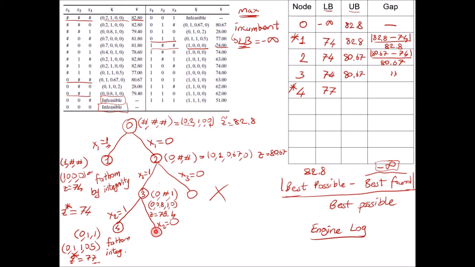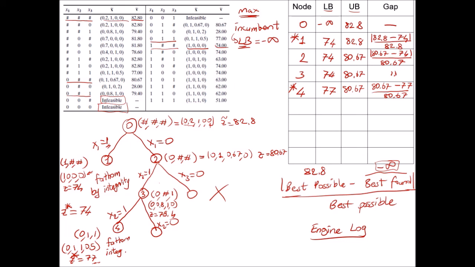One open node is this one, and its parent is 79.4. There is another open node, and its parent is 80.67. I need to select the best of these two, and the best is 80.67. It is still the same. And the gap value is updated now, because instead of subtracting 74, I am subtracting 77. So a gap value will remain the same if the lower and upper bounds are the same.